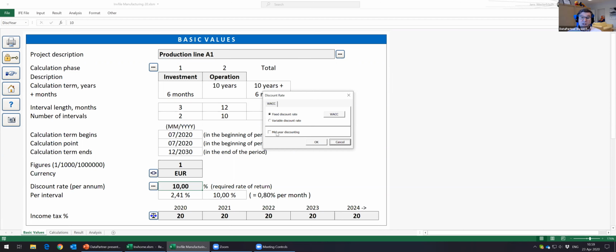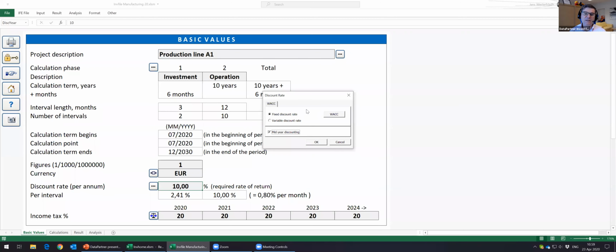But one important feature is mid-year discounting. Now we have as default that it discounts from the end of period, end of the year. And that's the way it's usually done, because it's a little bit more cautious to do it, not to be too optimistic.